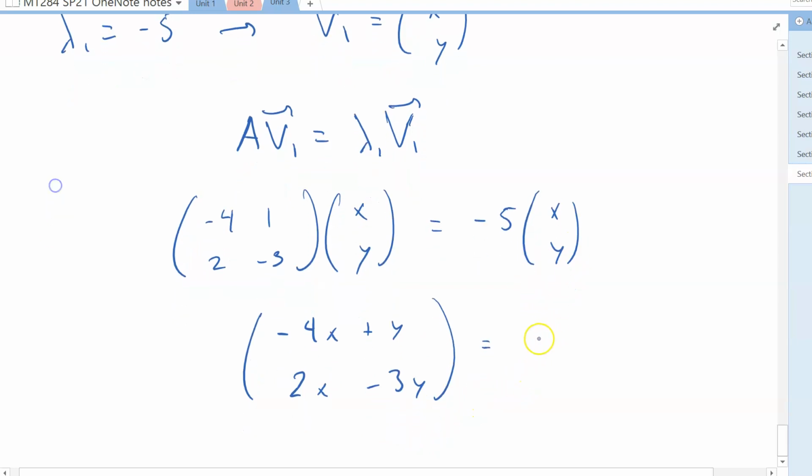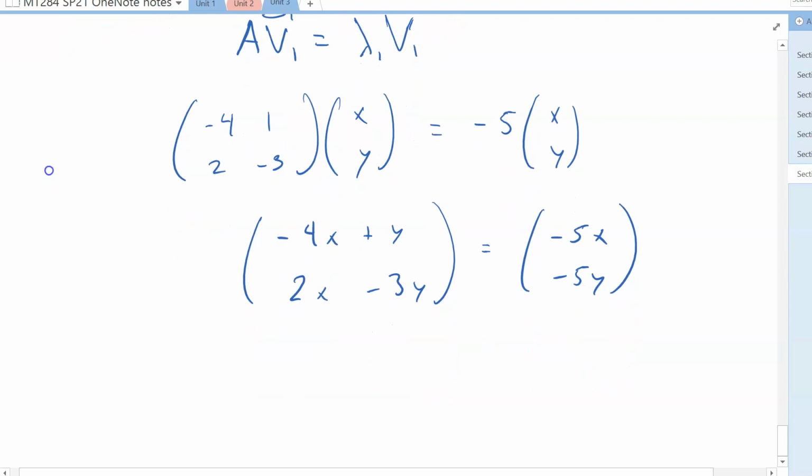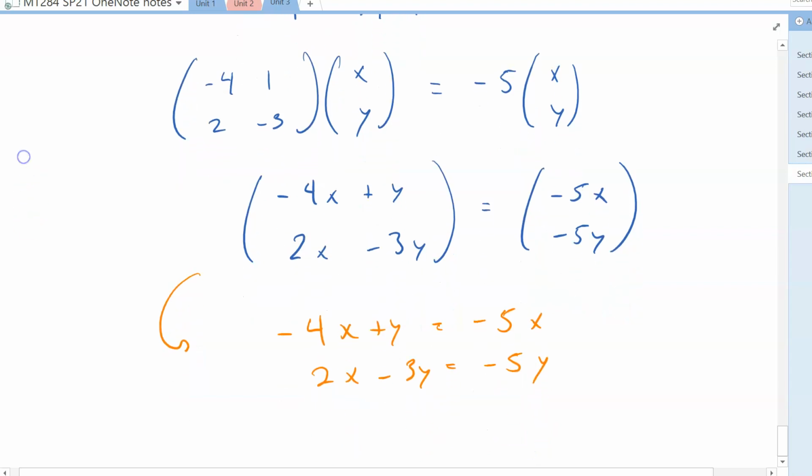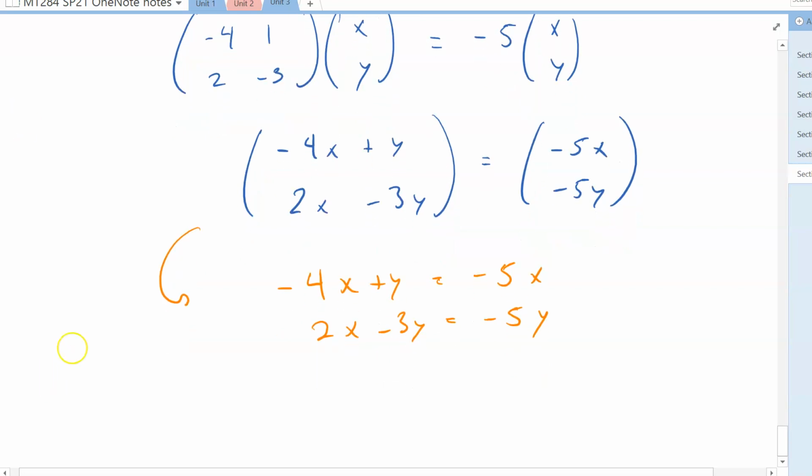Distributing the scalar through, we multiply each component by negative 5, so negative 5x, negative 5y. Now setting each component equal, we get negative 4x plus y equals negative 5x, and 2x minus 3y equals negative 5y. A quick comment to save you some time: after you do this several times, you'll realize what the left-hand side comes out to every time.